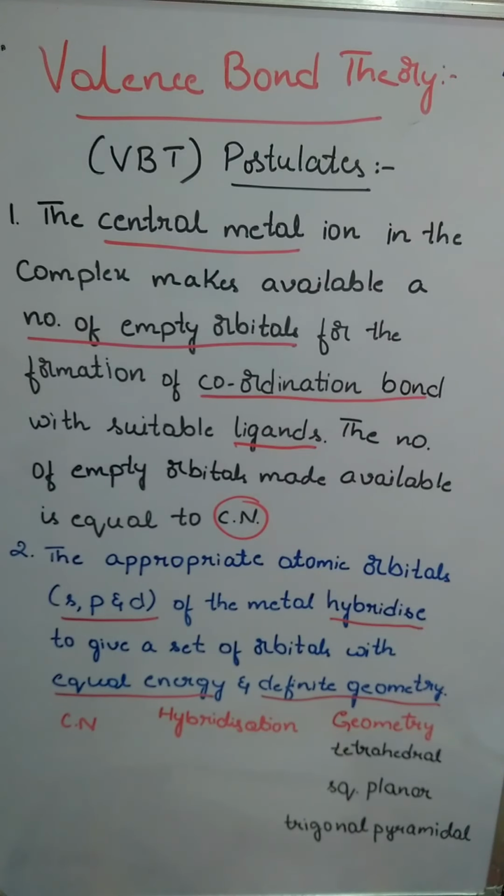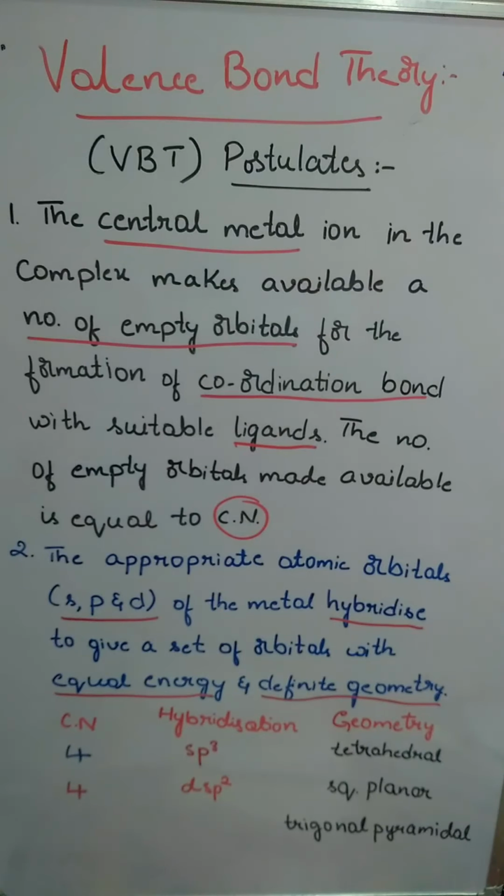If the coordination number is 4 and the geometry is tetrahedral, then the hybridization is sp3. If the coordination number is 4 and the geometry is square planar, then the hybridization will be dsp2.